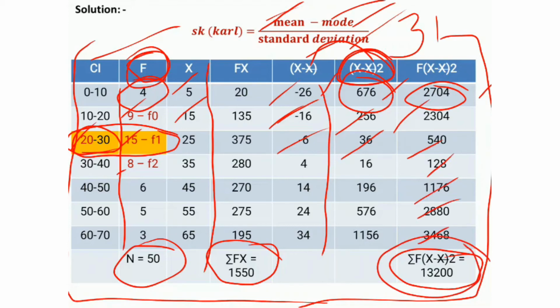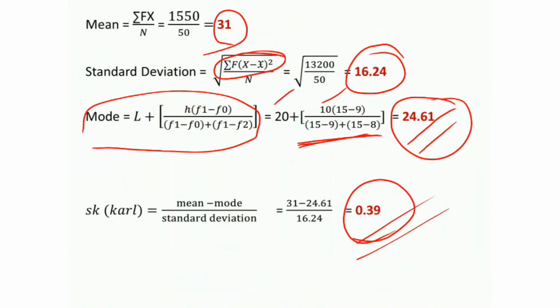The last question is an assignment for the students. Please do it yourself and practice. After getting the standard deviation value, apply it here and you will get the answer of 0.39. I hope you understood this concept.